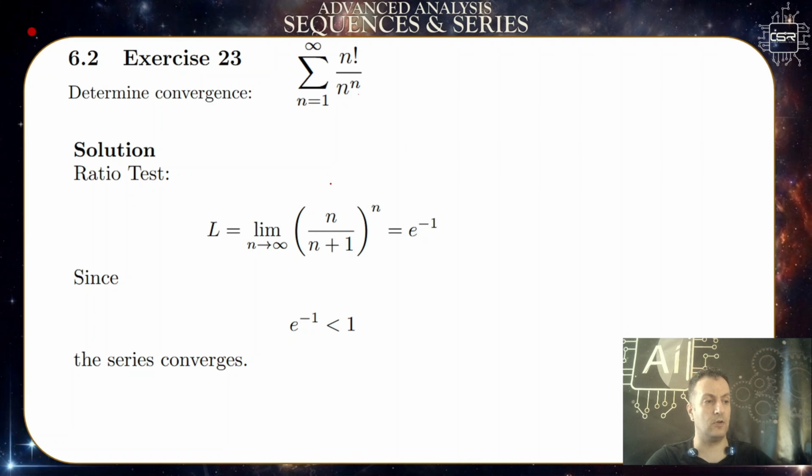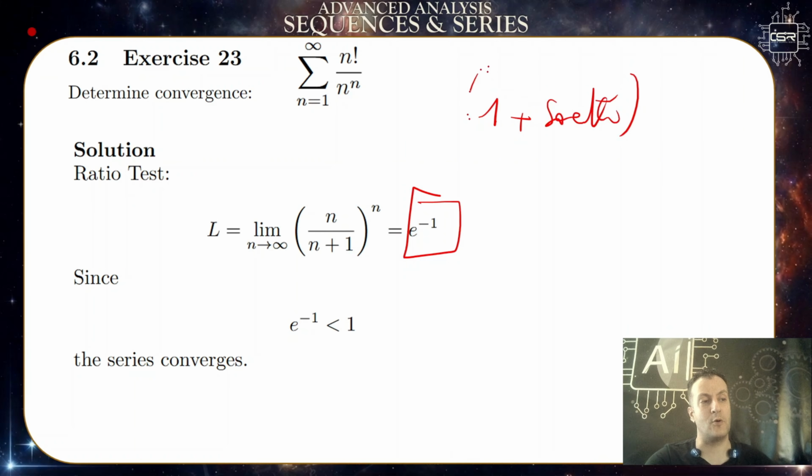So here's the result of the ratio test. It is the limit of n divided by n plus 1 to the power of n, which, by the way, is equal to exponential of minus 1. Because remember the formula: 1 plus something, to the power of 1 over something, becomes e, the exponential.